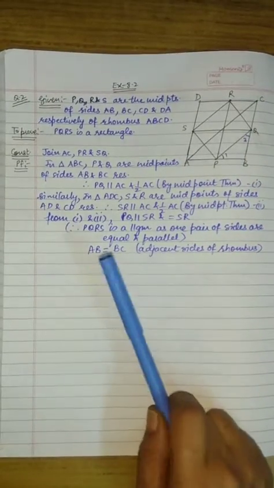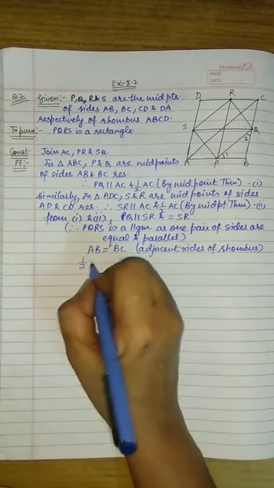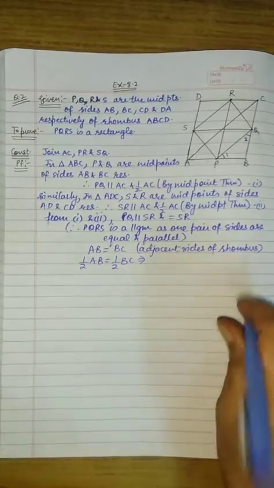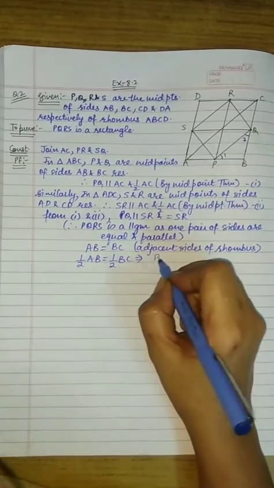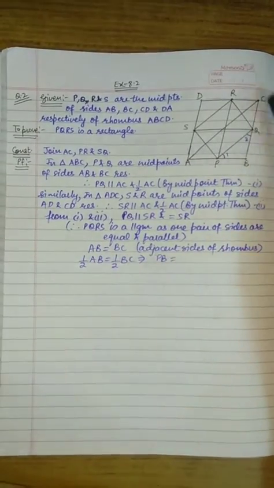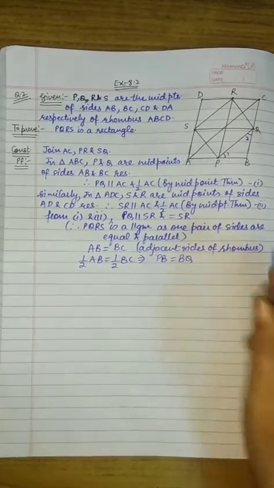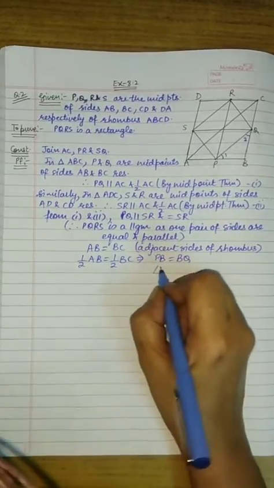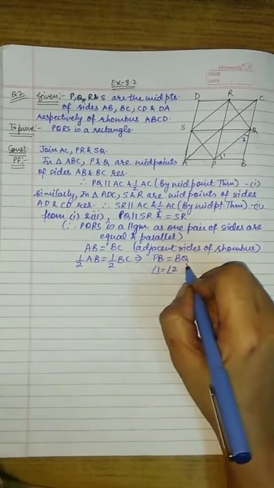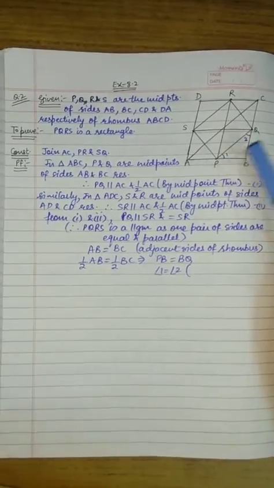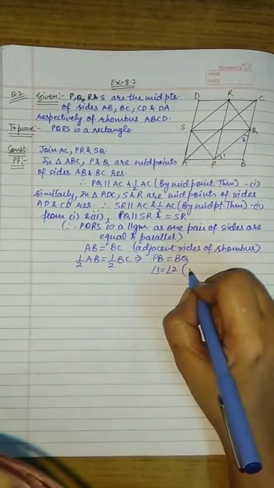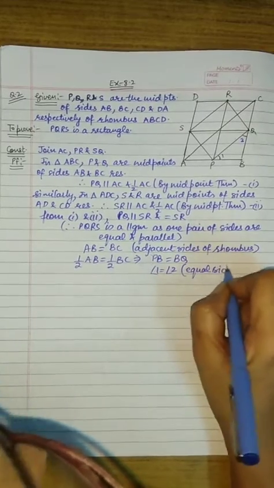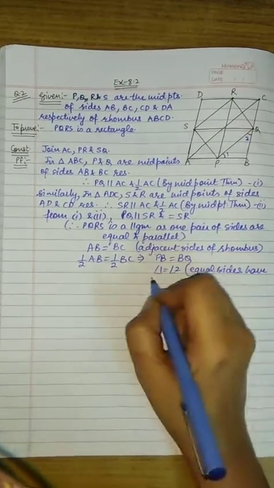Now we will take half of AB and half of BC. Half of AB we will take PB and half of BC we will take BQ. Now if PB is equal to BQ, then angle 1 is equal to angle 2. What is the reason why angle 1 is equal to angle 2? Equal sides have equal opposite angles.